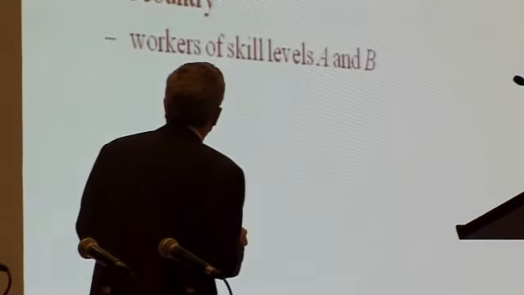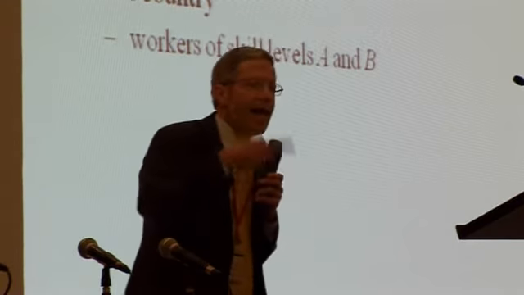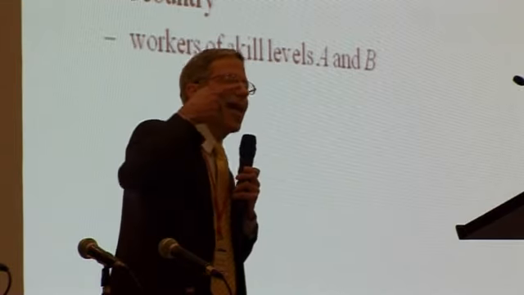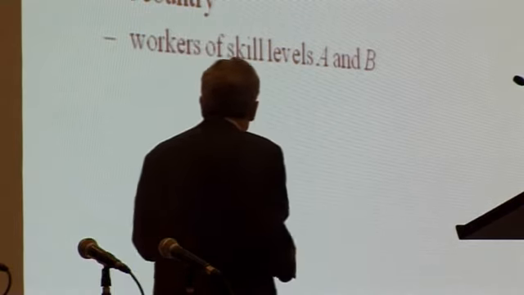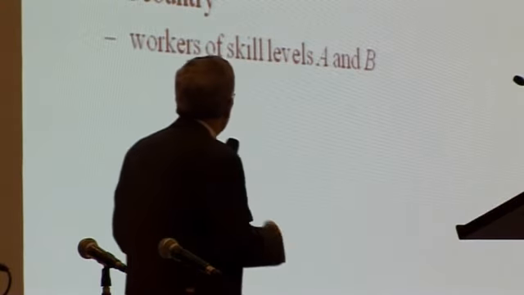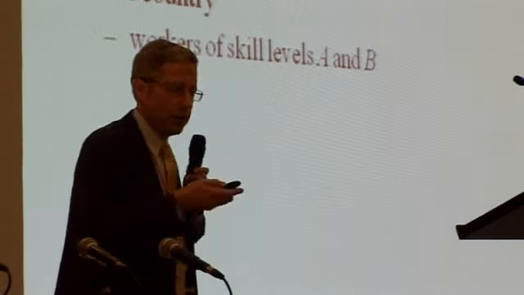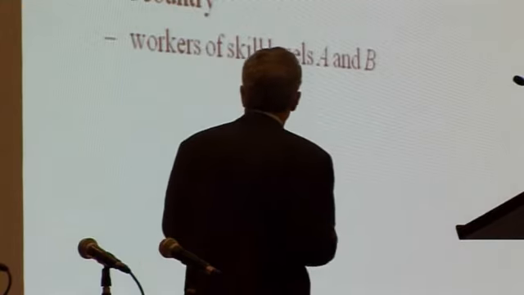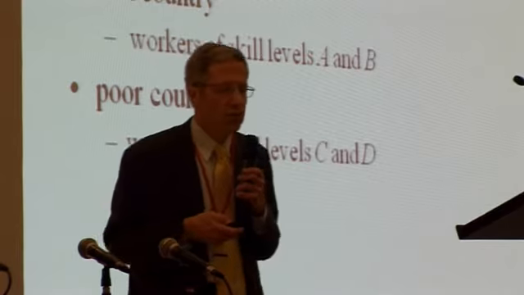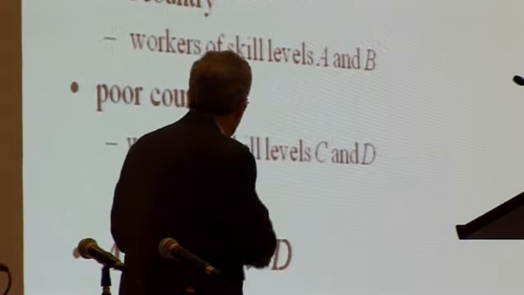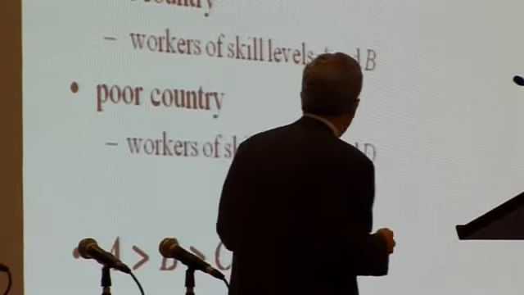So the rich country, I'm going to suppose that the skill levels are labeled A, B, C, and D. A is higher than B, B is higher than C, C is higher than D. We'll suppose that the rich country, most of its workers are relatively high skilled, so they're A level and B level. The poor country has workers of lower skill, C level and D level, and as I said, A is bigger than B, is bigger than C, is bigger than D.